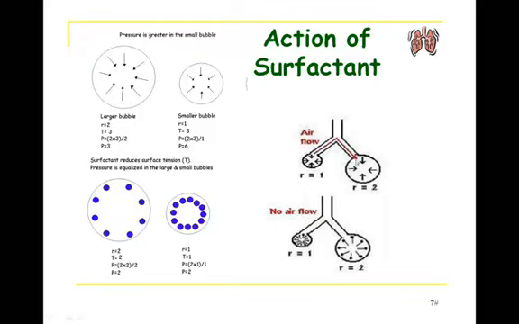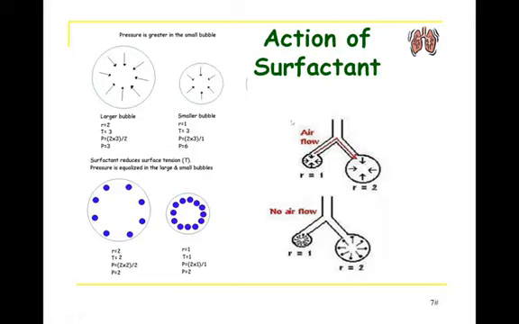So if, for example, the pressure that you had was just enough to keep this one open, it would not be enough to keep the smaller one open. So what's going to happen? The smaller alveolus will collapse, and as it collapses, the air is going to go from the smaller into the bigger alveolus, and you'd have alveolar collapse.